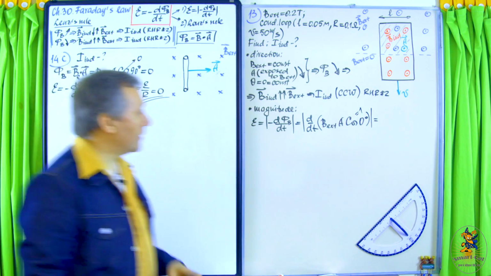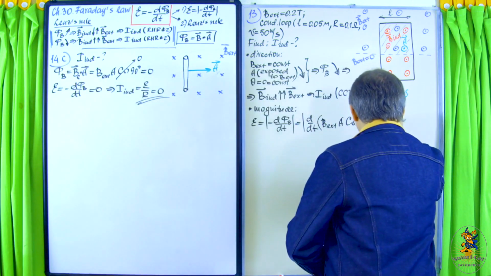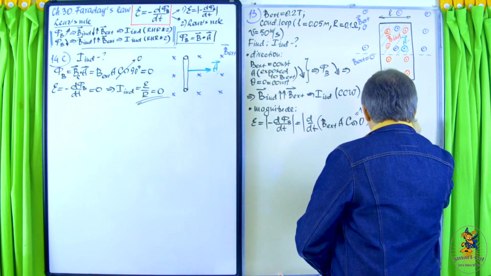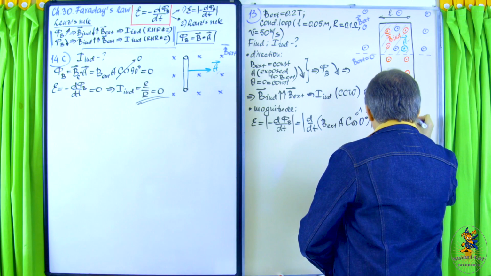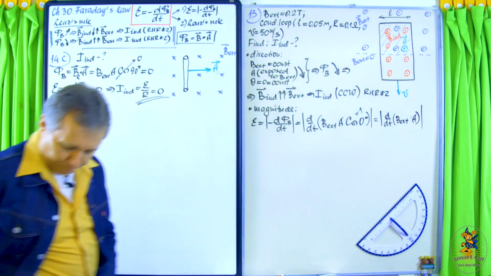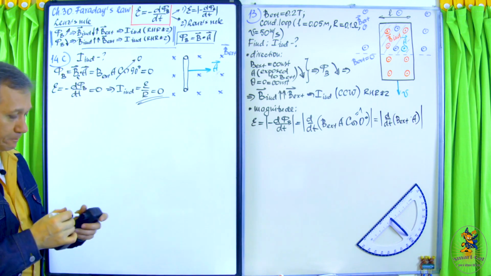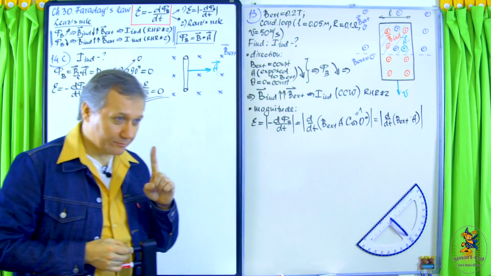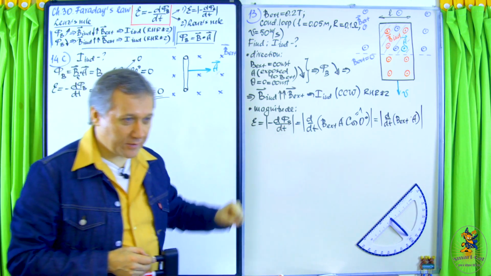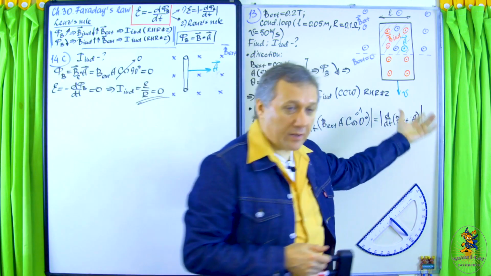Okay, so let me write it down without this cosine: d over dt, B external times A. So now, which quantity is constant in time out of these two, if there are any?